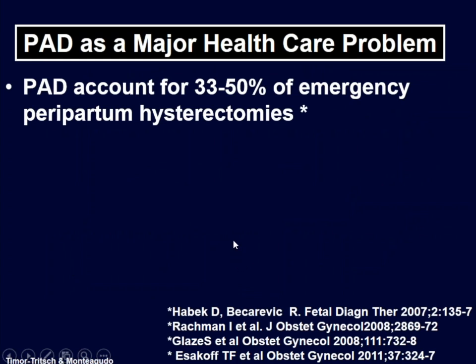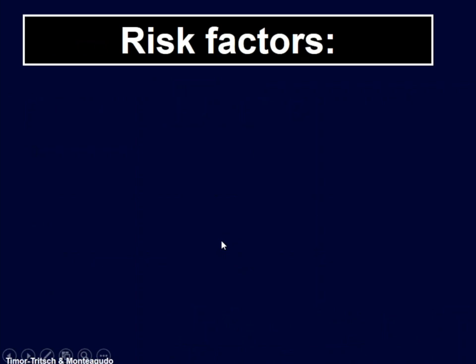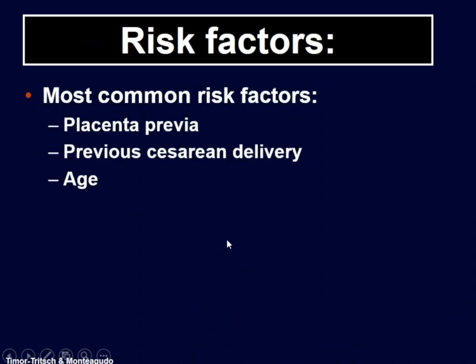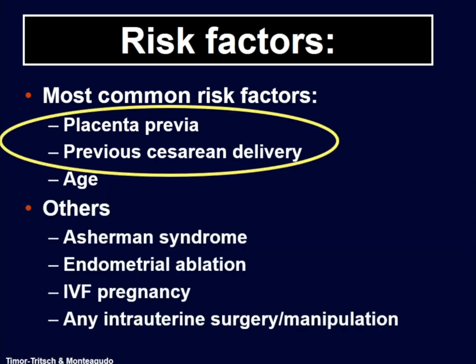It accounts for about 33 to 50% of emergency peripartum hysterectomies. Its consequences are hysterectomy, blood loss, ICU admission, and injury to adjacent organs. The risk factors are placenta previa, previous cesarean delivery, age, and others. However, the most important are really the first two seen here.